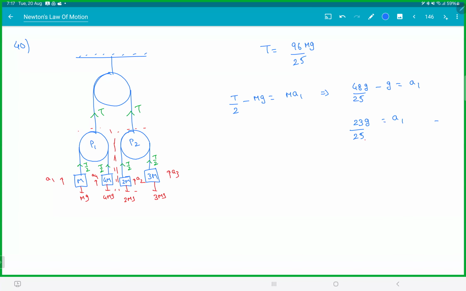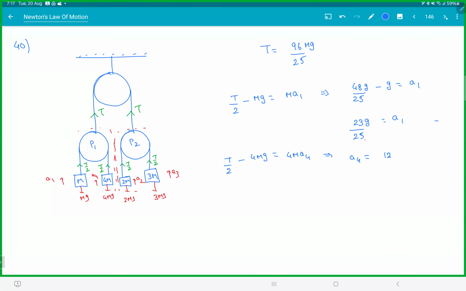Is that making sense? So once you replace that whole pulley with blocks, you'll get the tension. What do you want to find? You want to find a4, then same story. T by 2 minus 4 mg is equal to 4 ma4. We'll get a4 is equal to T by 2, that is 96 by 4, 48 by 4.